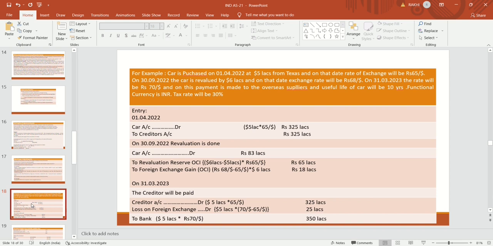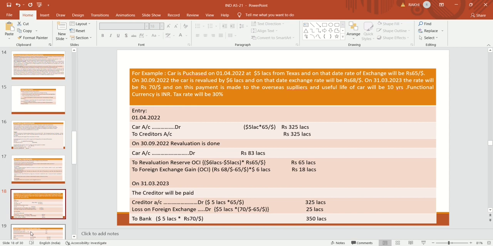So we have to pay 350 lakhs for purchasing that $5 lakh. Because the creditor liability created earlier is 325 lakhs, we incur a loss on foreign exchange of 25 lakhs, because the differential amount will be the foreign exchange loss. So creditor account debit 325 lakhs, loss on foreign exchange 25 lakhs, to bank account 350 lakhs.